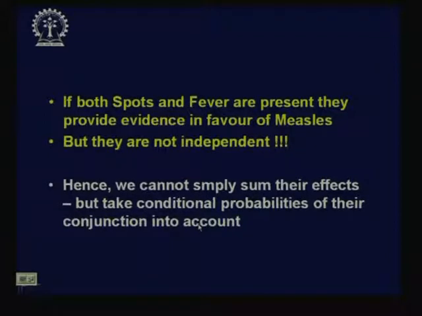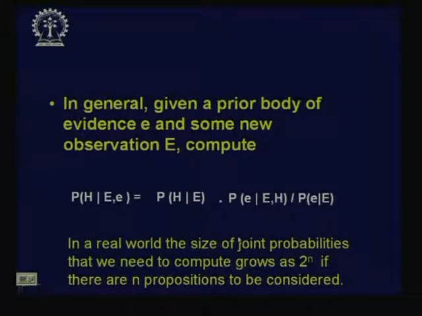So, in general, given a prior body of evidence E and some new observation e, we have to compute P(H | E, e). The new observation is e, and the earlier observation was E. You see what happened: I knew that he had spots, so I had inferred something about measles.